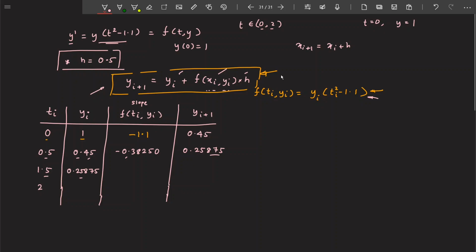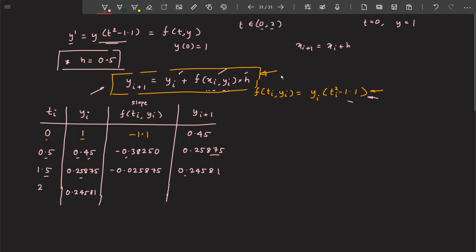Again substitute these two values in this equation, get the value. Now again the next thing you're going to do is take this here.